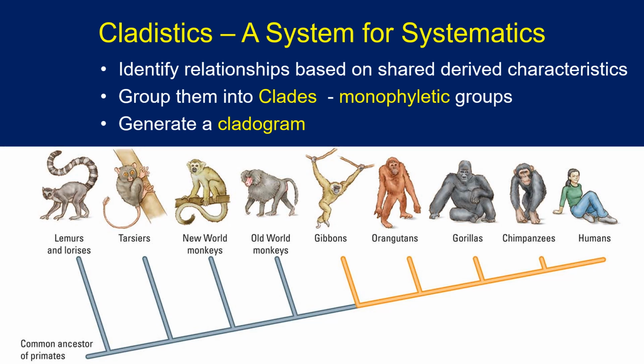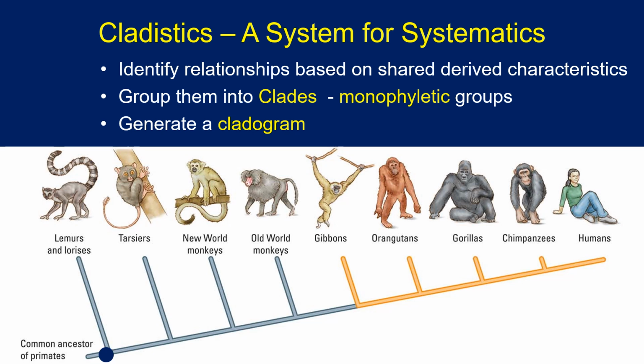What you're seeing here is a cladogram for primates. We, of course, belong to this group. On the left there, we have the common ancestor of all the primates. So I've shown that as a blue dot. This is a dichotomy, also known as a node. But we can take lemurs, New World monkeys, etc., through to humans.